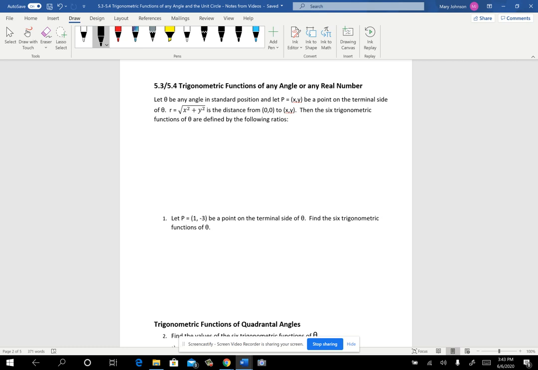This first little area here, we're trying to work on figuring out how to do the sine, cosine, tangent, and so on of any angle.